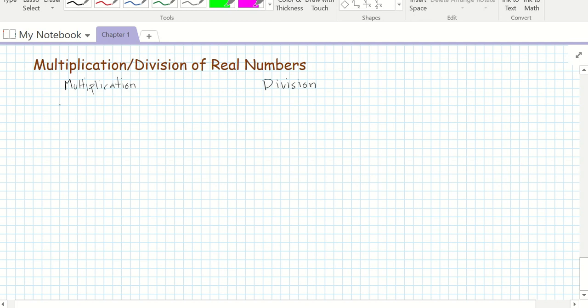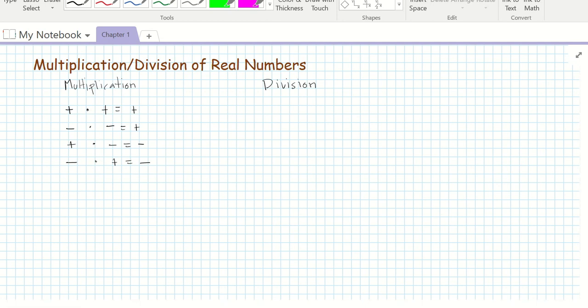So basically what it says is that if I have a positive times a positive, the answer will be positive. A negative times a negative, and the answer will be positive. A positive times a negative, answer will be negative. Negative times positive, the answer will be negative.